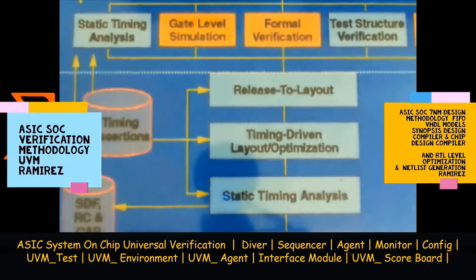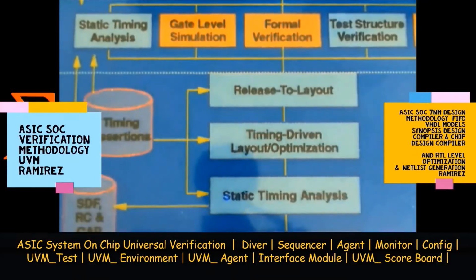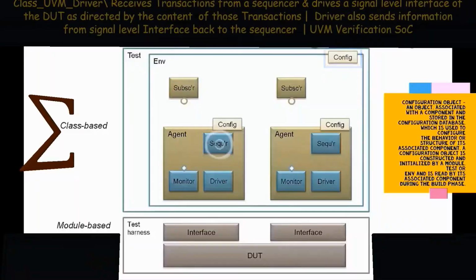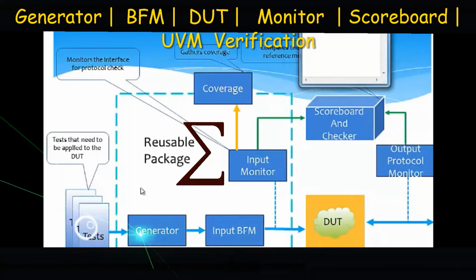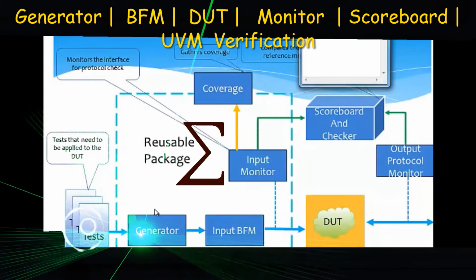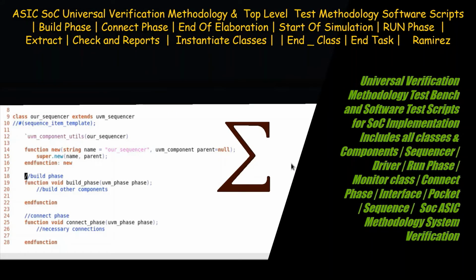Now I will talk about the test plan creation in the universal verification model. The tests are applied to the DUT and fed to the signal generator to generate the input to the bus functional model, that is the BFM, in order to drive it to the DUT, the device under test.